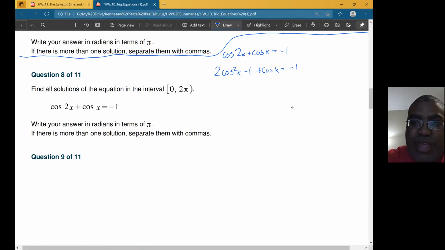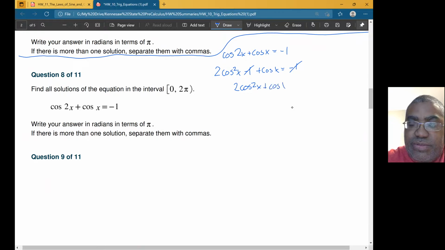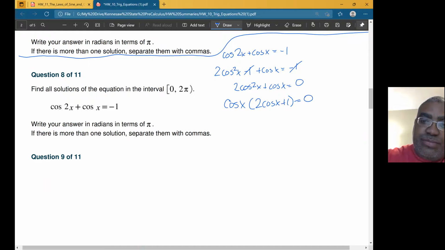Well, I can add 1 to both sides to get rid of these ones. And I end up with 2 cosine squared x plus cosine x is equal to 0. So that is cosine x times 2 cosine x plus 1 is equal to 0.